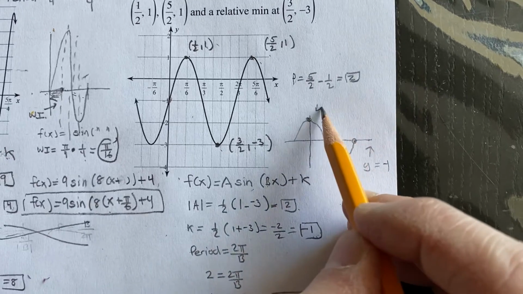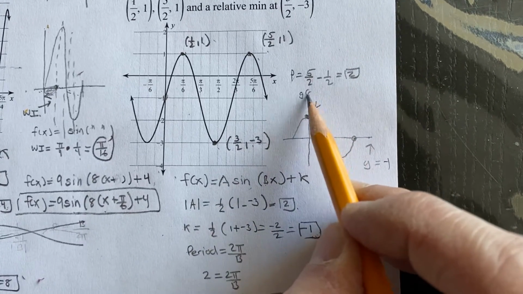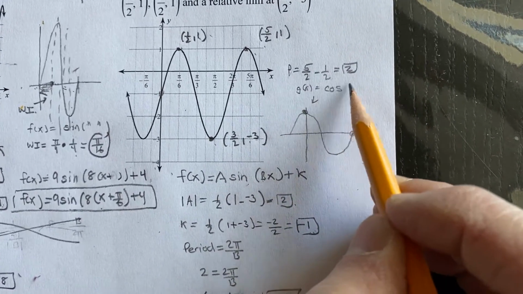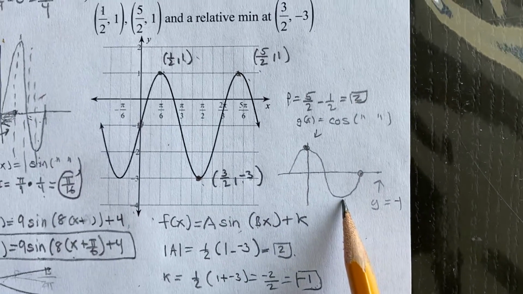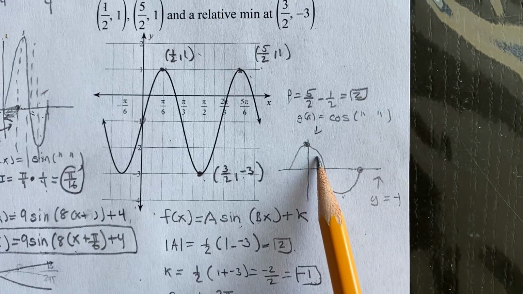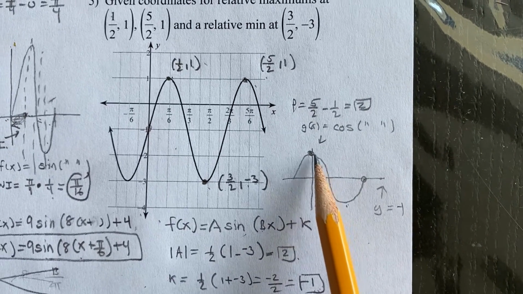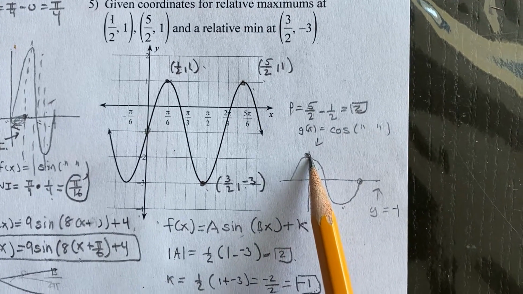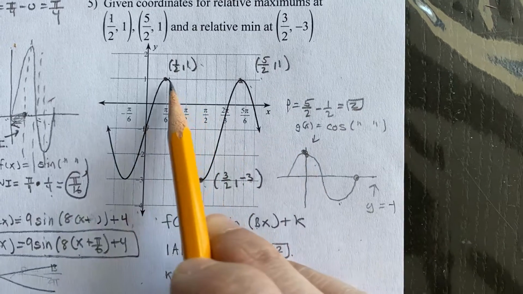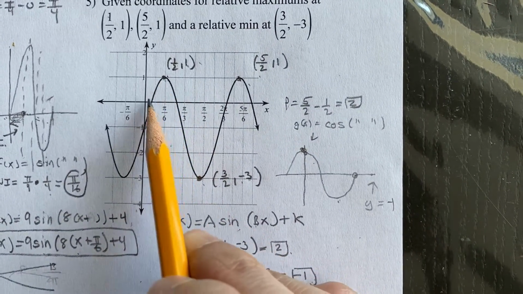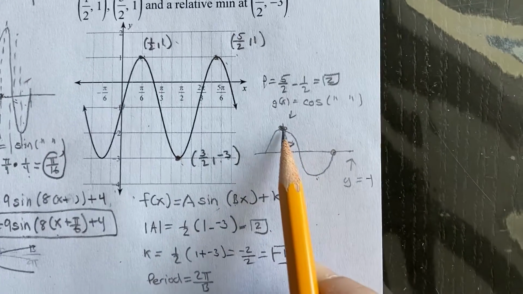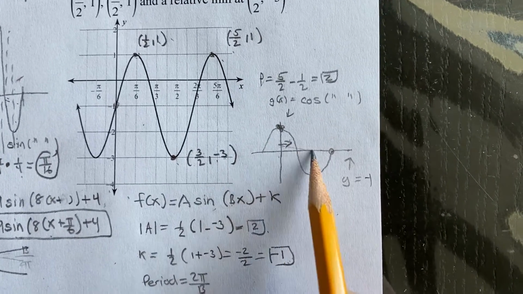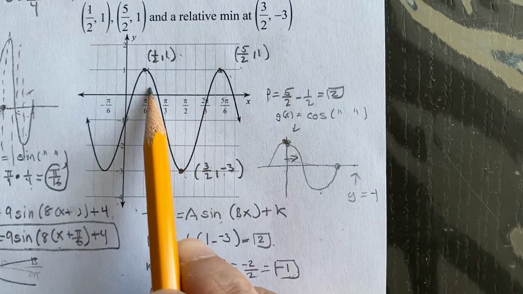So this would be cosine of something, right? But I don't want the cosine, I basically want to shift this graph. So this max right here needs to be shifted over this direction. Hopefully you can see that I need to shift this graph this way to make it look like that.